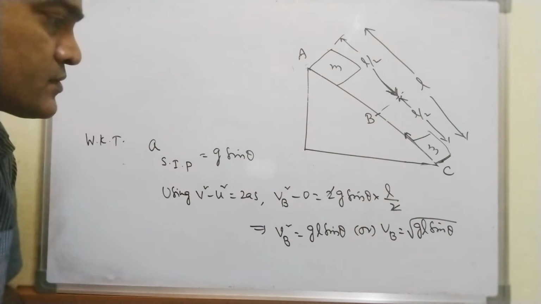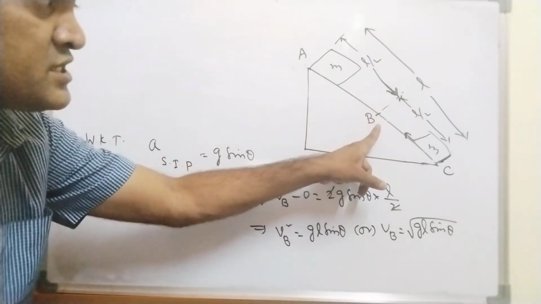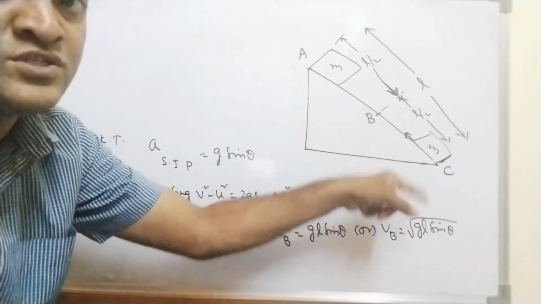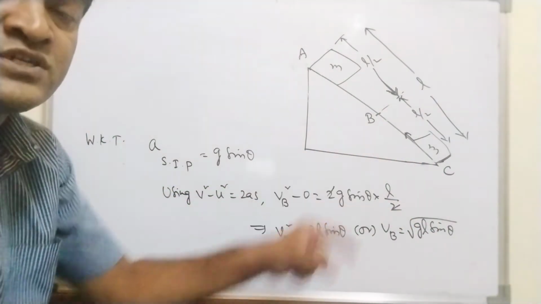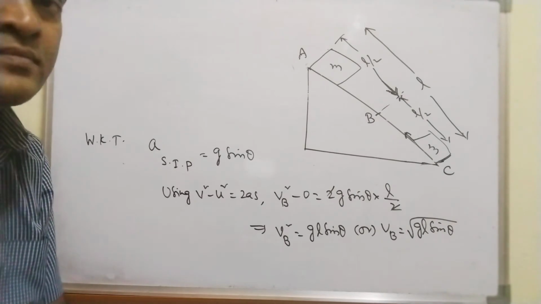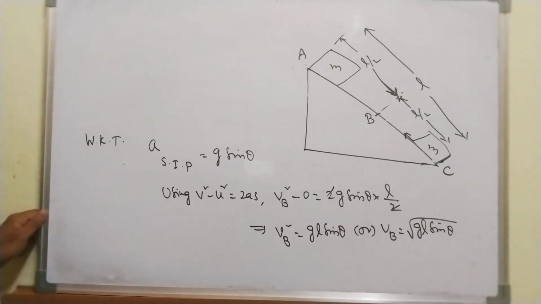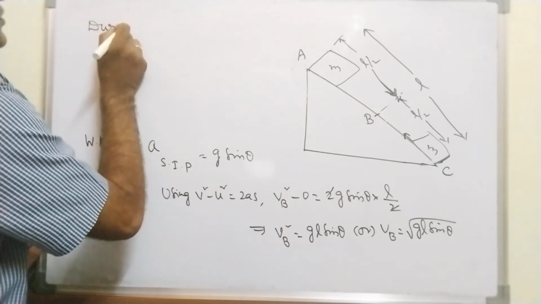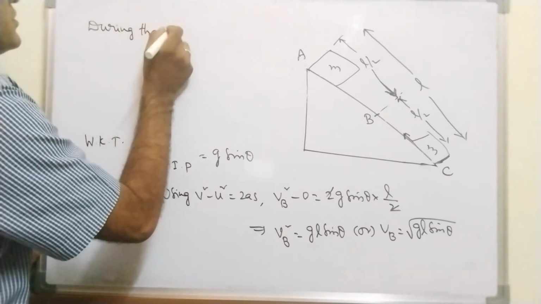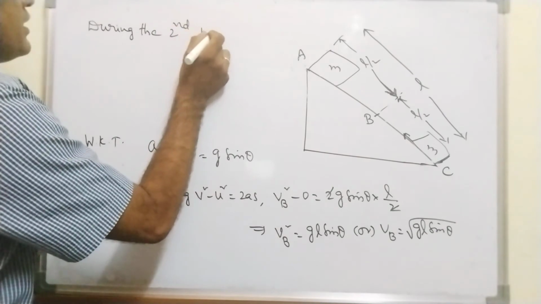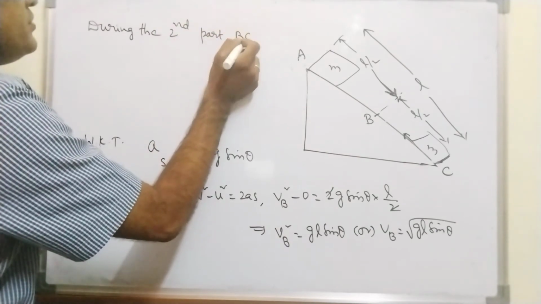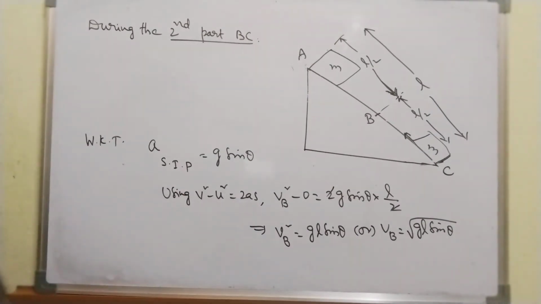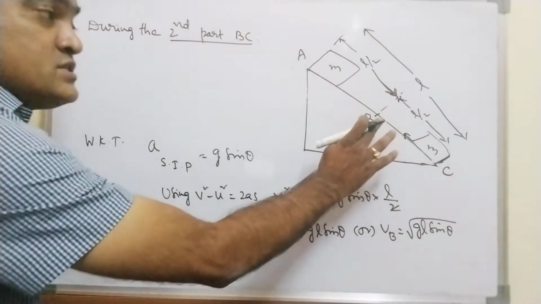And now, after reaching point B, it has to travel the remaining half of the portion BC, that is L by 2, which is a rough inclined plane. Right? So now during the second portion BC, what is the velocity at point B?